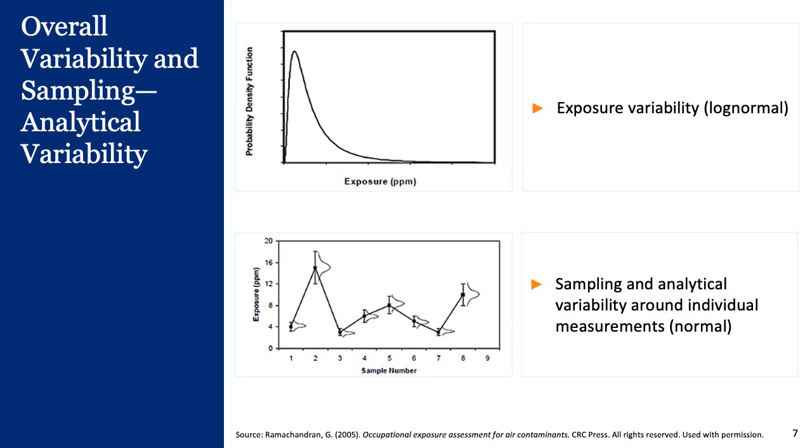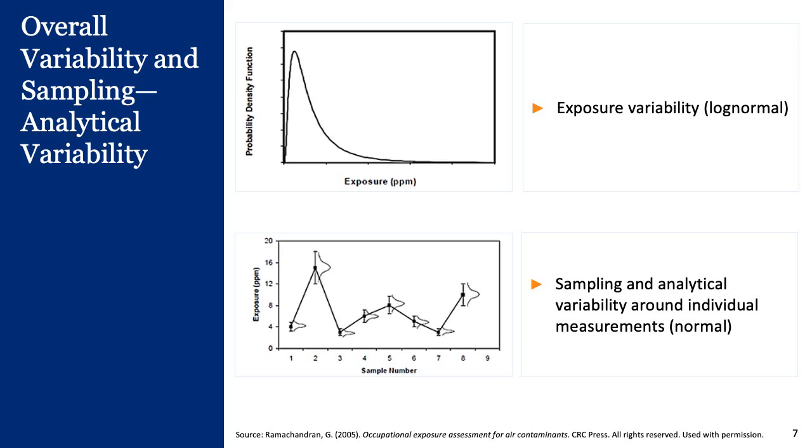What I'm showing in this slide are two graphs. The top part of it is our now familiar log probability graph, and this is reflecting the exposure variability in our similarly exposed group of workers. It has this characteristic skewed shape, and on the x-axis you have the exposure value, and on the y-axis you have the probability density function.